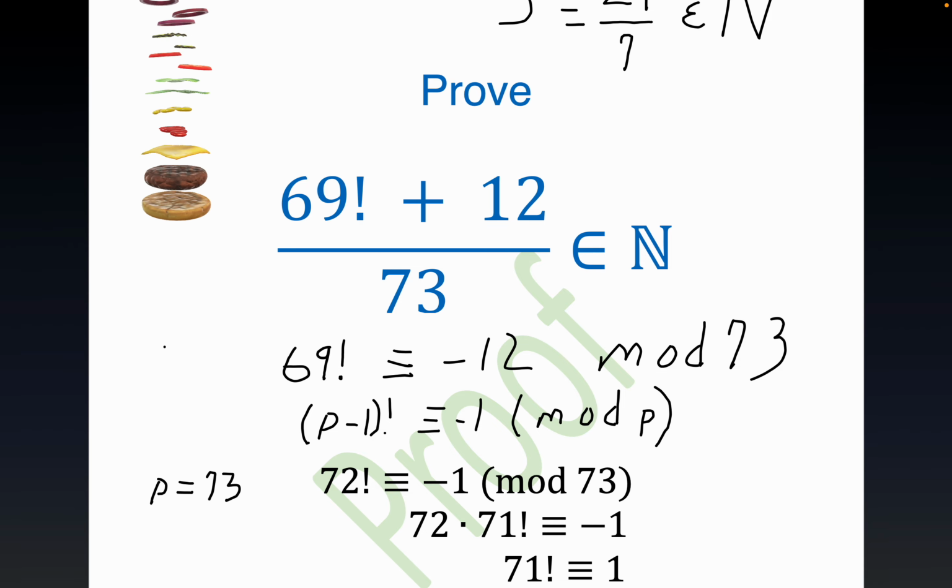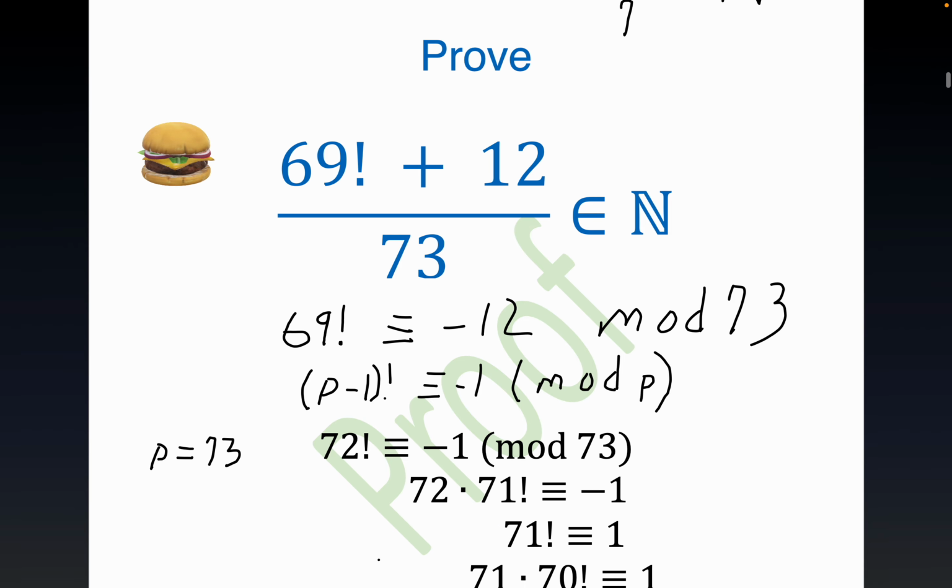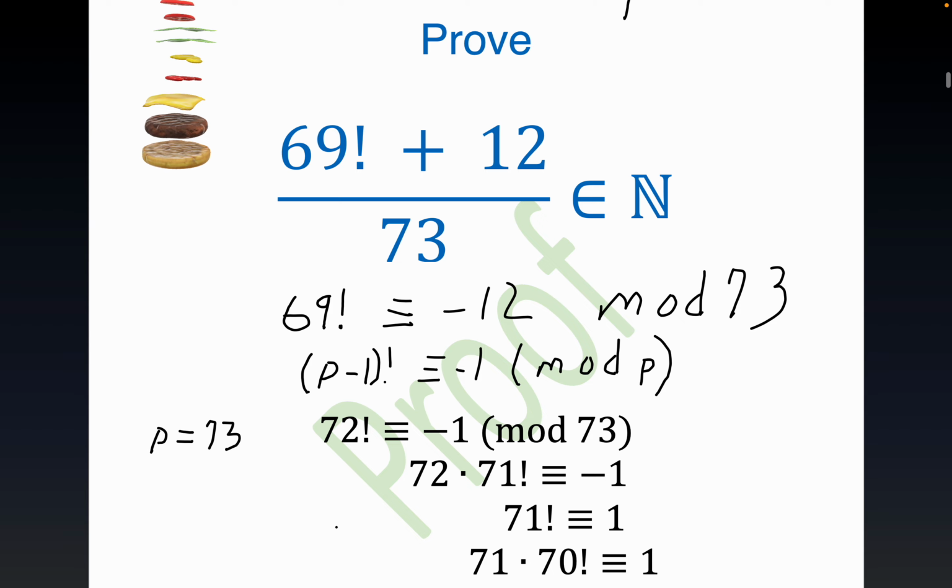Now, this piece right here is just a rewrite of 72 factorial. 72 factorial is the same as 72 times 71 factorial. But notice that 72 itself is congruent to negative 1, because when you subtract that, you get 73.